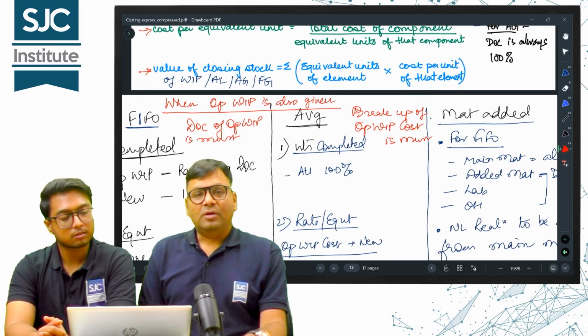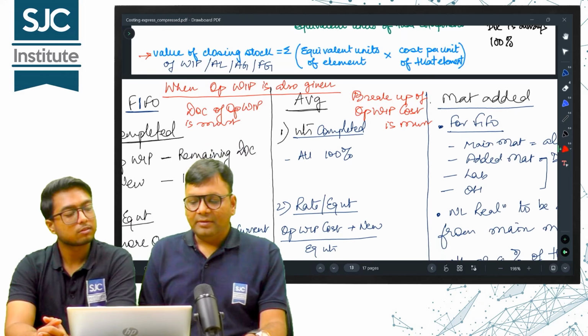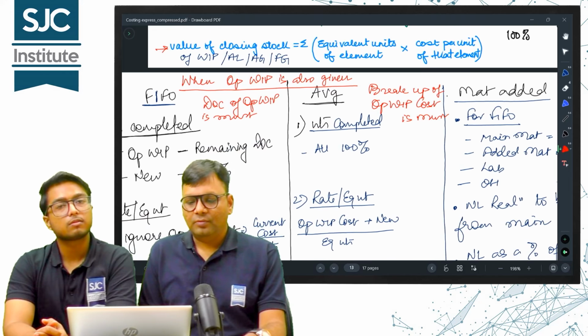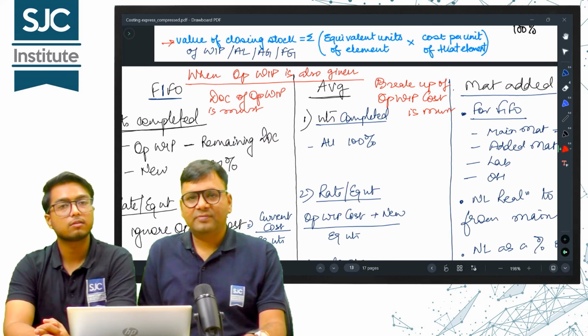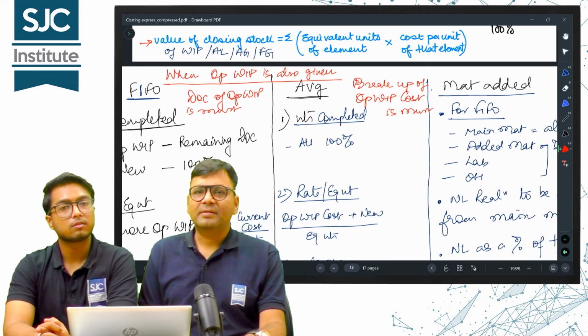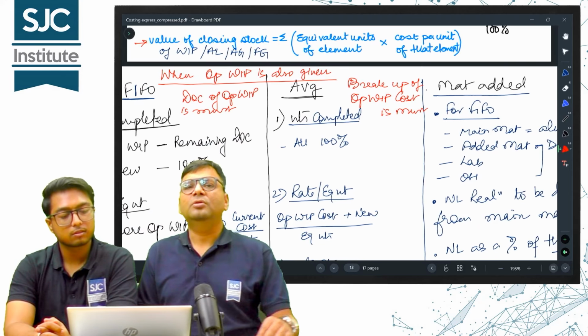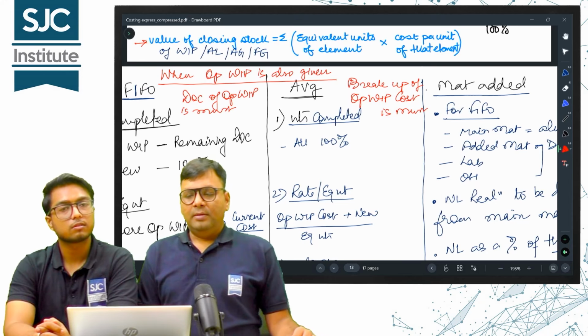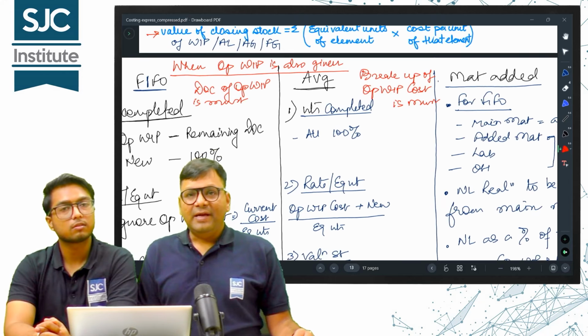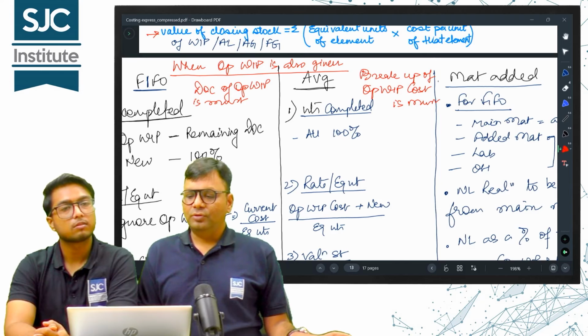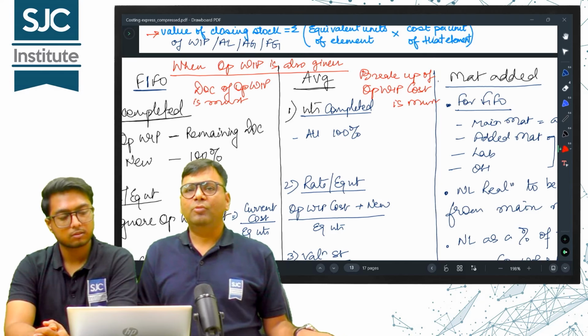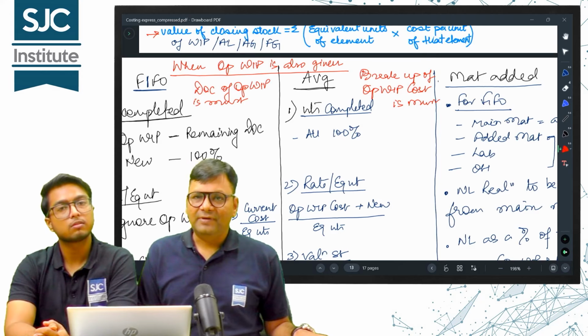When opening WIP is also given, then we can have three situations. One is FIFO, another is weighted average, or third is material added. FIFO is to be used only when DOC of opening WIP is given. Weighted average is used when breakup of opening WIP cost is given.